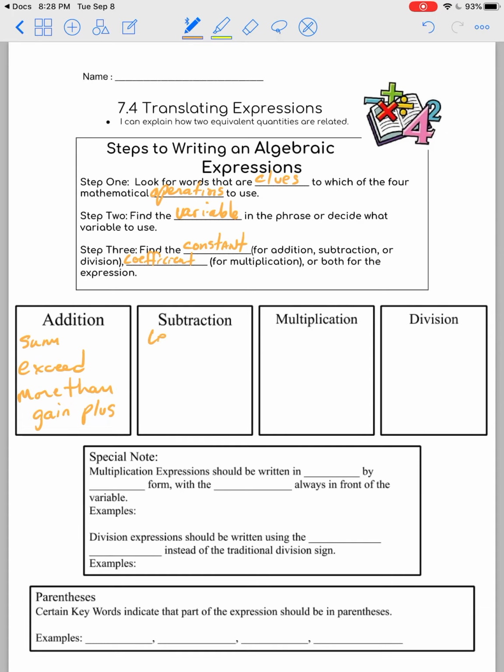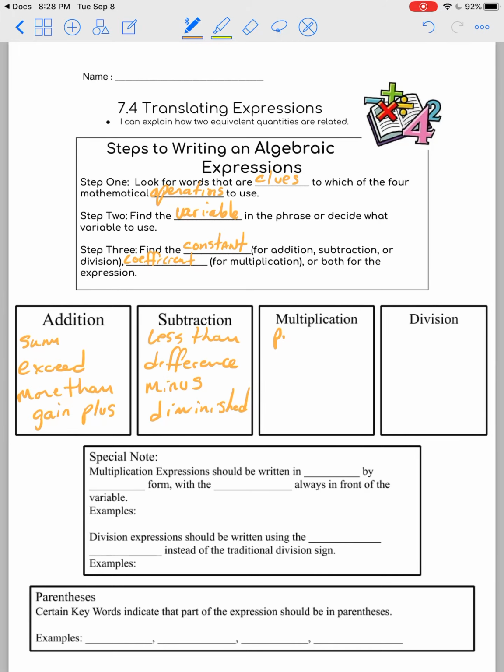Subtraction could be less than, difference, minus, diminished, and again, many, many more that won't fit in that box.